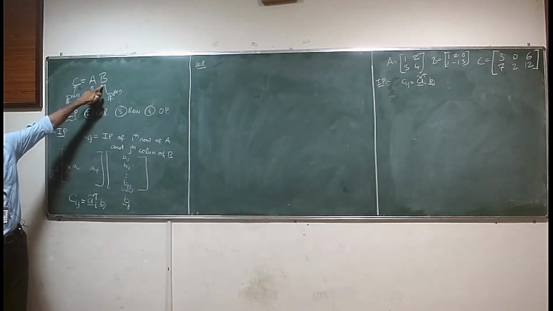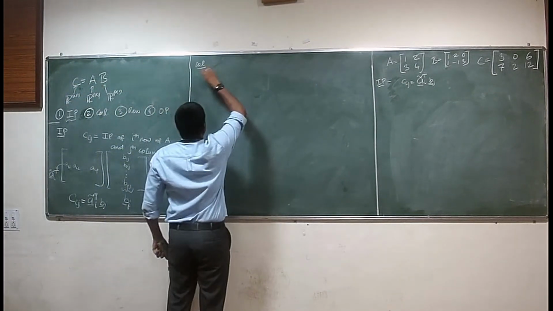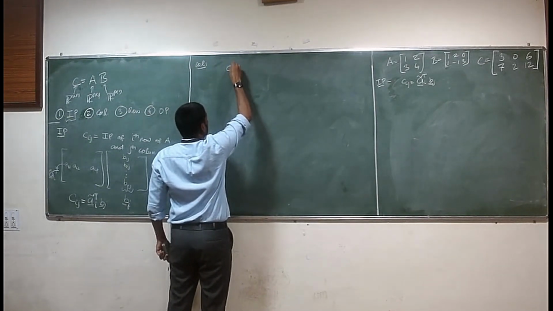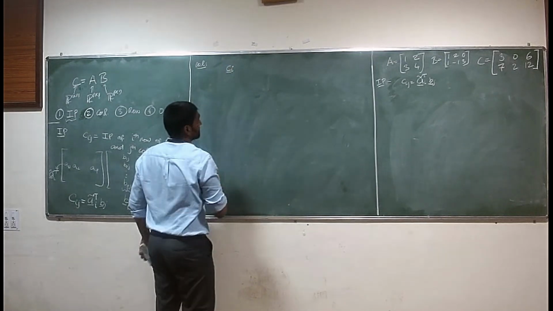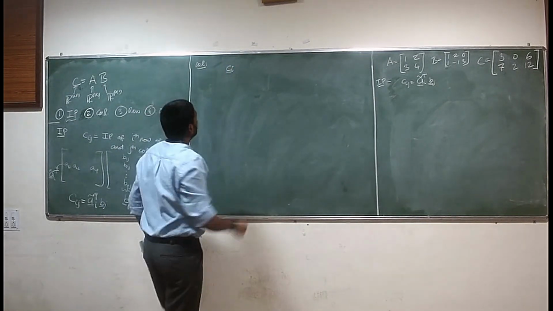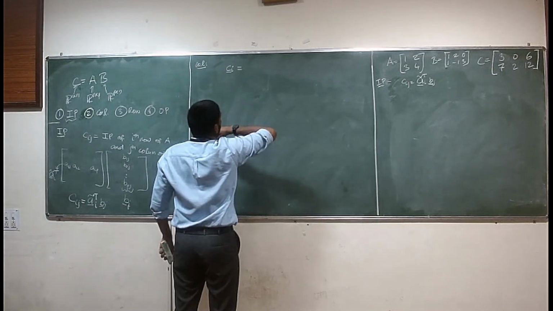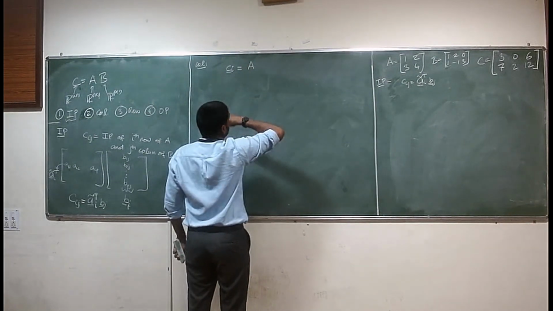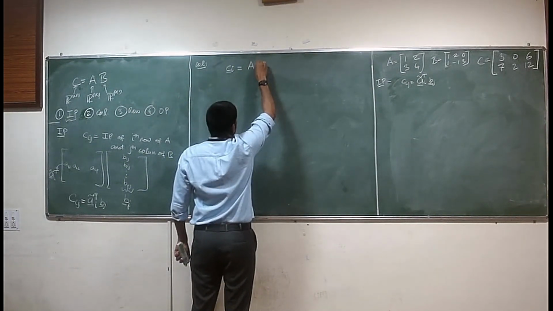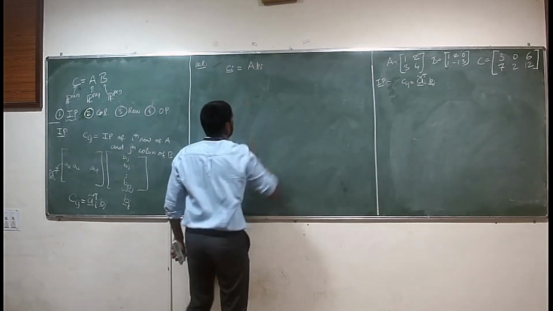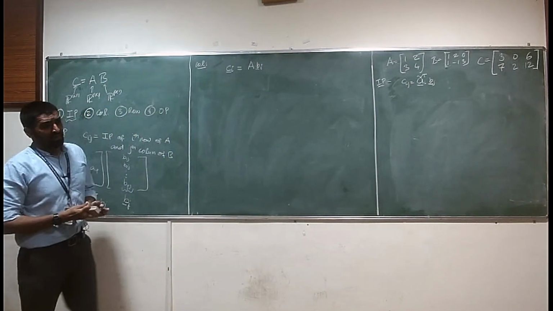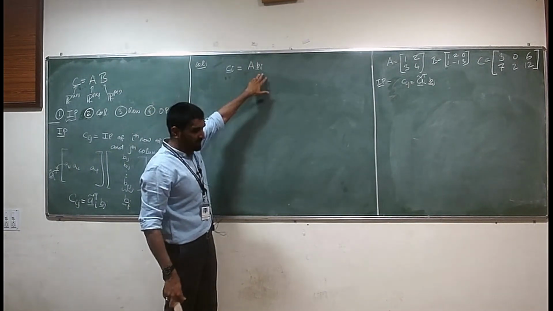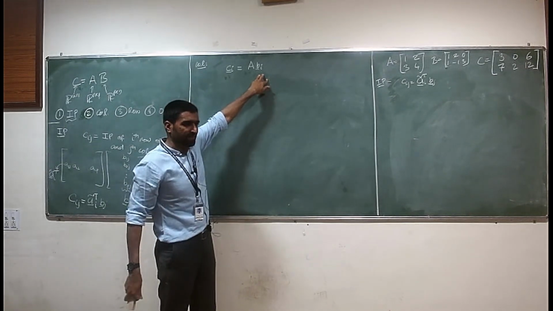It has the same number of columns as B. So it turns out in the column view, you can talk about the individual columns of C. The ith column of C is simply the first matrix A post multiplied by the ith column of B.